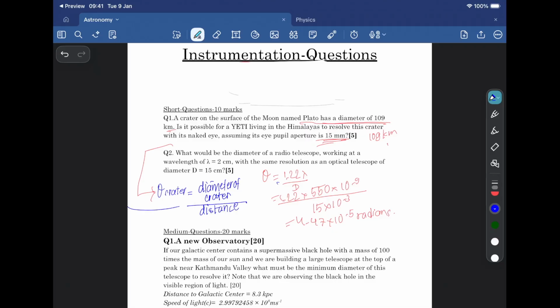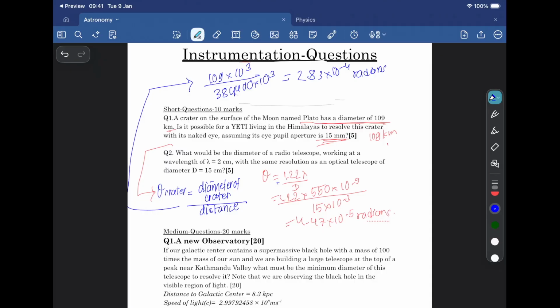So this will give us 109 times 10 to the power 3, because the distance to the moon is 384,400 times 10 to the power 3. Therefore, it will give 2.83 times 10 to the power minus 4 radians.